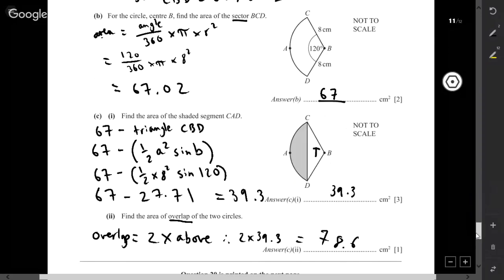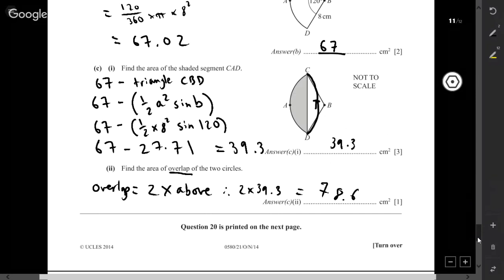This is in fact half of what we want, because the other half is this bit, and that's going to be the other side of the shaded region. So all we need to do is times this answer by 2. And that gives us the area of the overlap of the two circles, which is just 78.6. Okay.